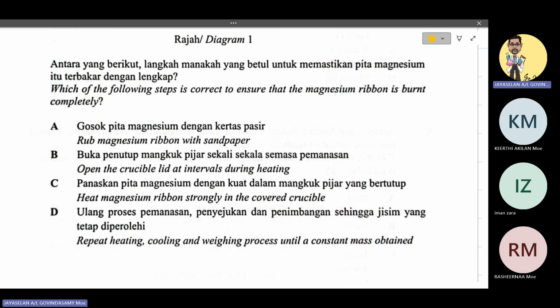Magnesium oxide or zinc oxide. Okay, I'm sure done.